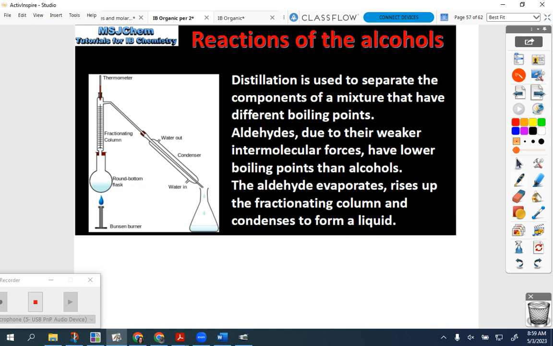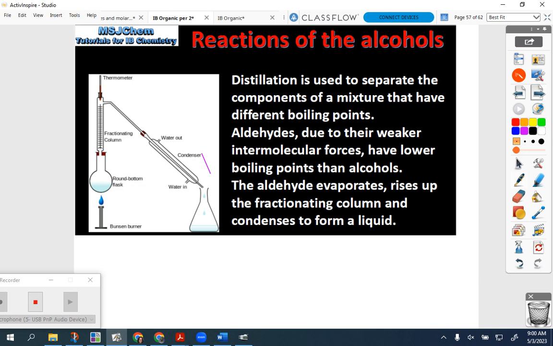The alcohol is not at its boiling point. So little to none of the alcohol is going to make it through the system into the flask. The fractionating column helps ensure that whatever alcohol vapors do come out are going to drop back into the reaction flask, and that only the aldehyde is going to come out here. All right, so if we want to make the aldehyde, this is how we're going to do it.